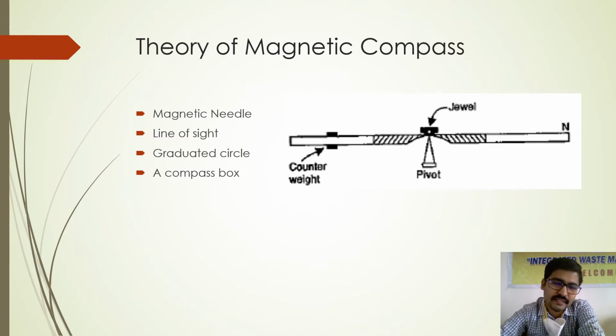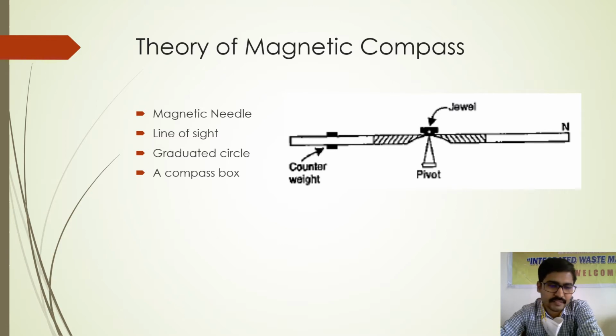Without a magnetic needle, it cannot be called a compass, without a line of sight it cannot be called a compass, and even without a graduated circle it cannot be called a compass. Whenever you find a compass, you find all three things in it, filled into one single box, which is called a compass box.